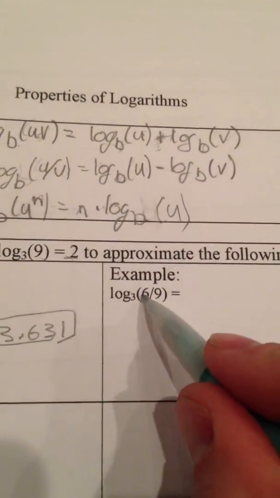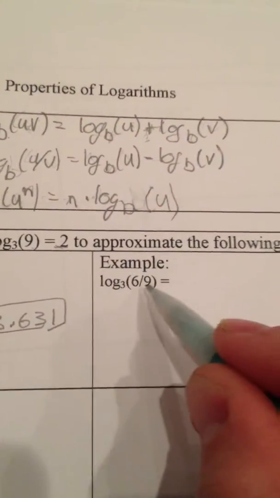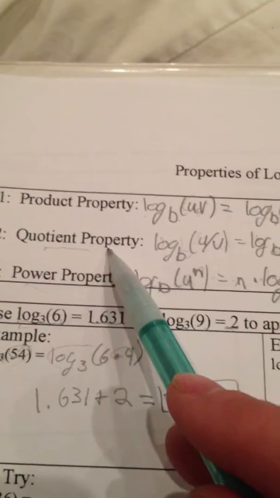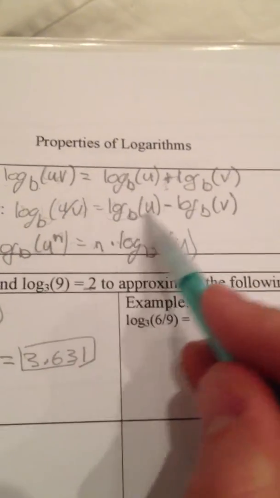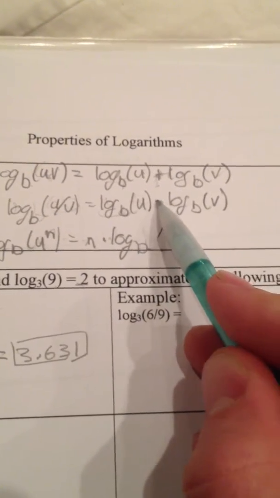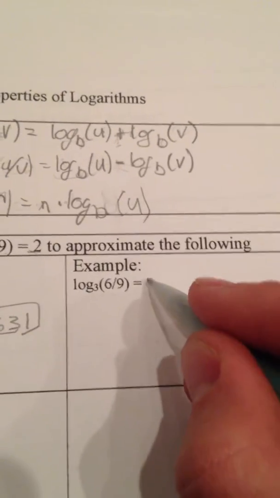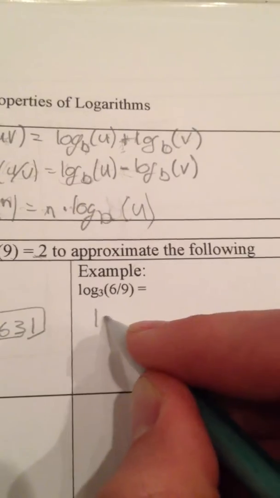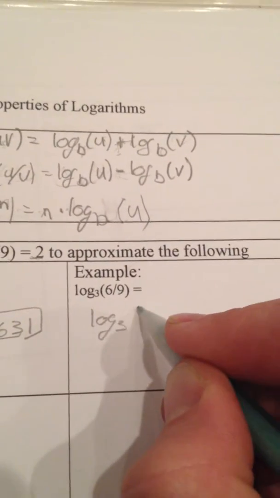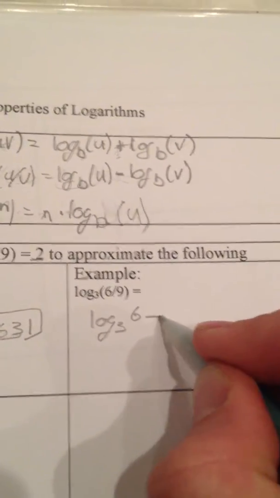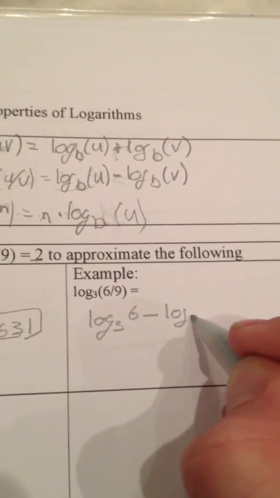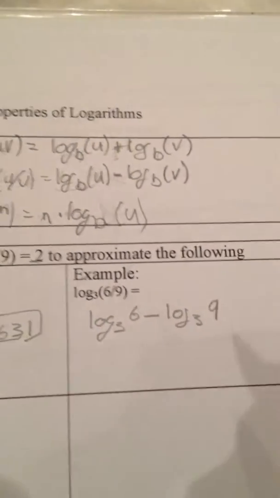For this one, we have 6 over 9. Just like the quotient property, when we have a fraction here, we separate the logarithms and do a negative. So we can say this is log base 3 of 6 minus log base 3 of 9.